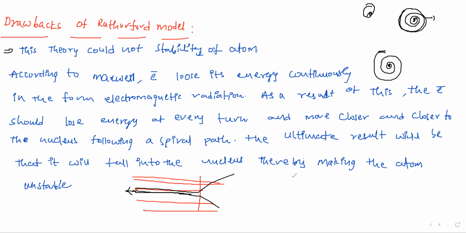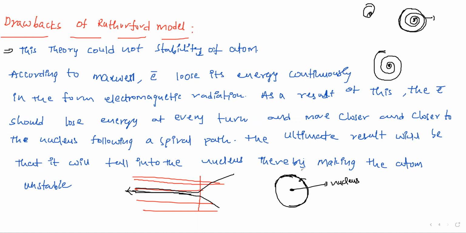From this experiment he concluded that most of the atom is empty space, and the positive charge is situated at the center, which is called the nucleus. The electrons are present outside the nucleus, revolving around it like planets revolving around the sun. That's why this is called the solar model or planetary model.